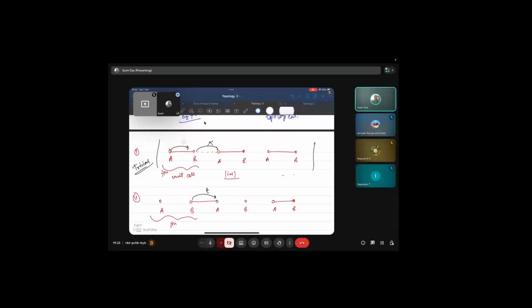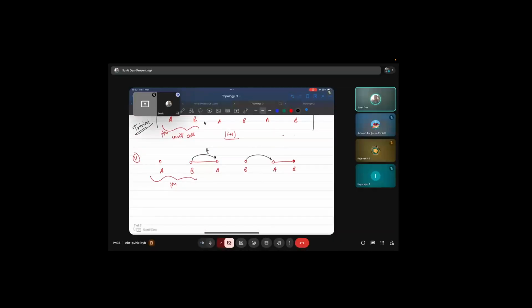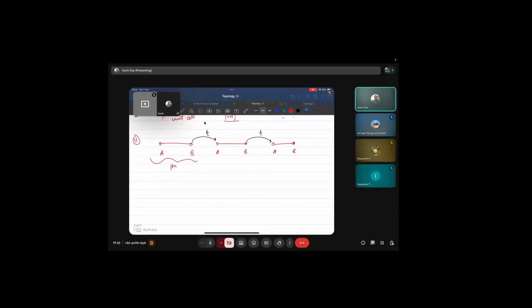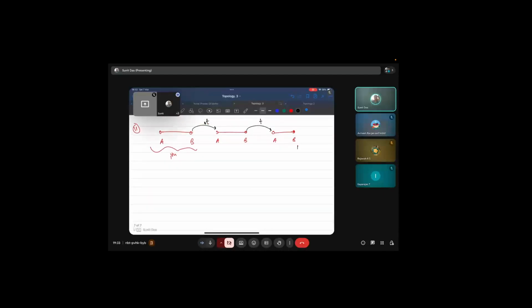The solid lines are the unit cells, and T are the inter-unit cell hoppings. And this was the topological insulator.